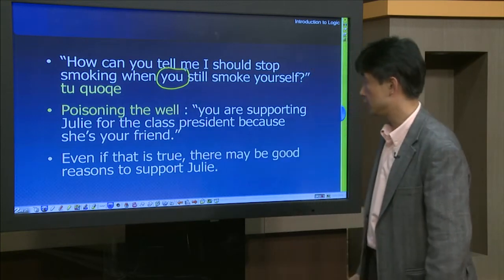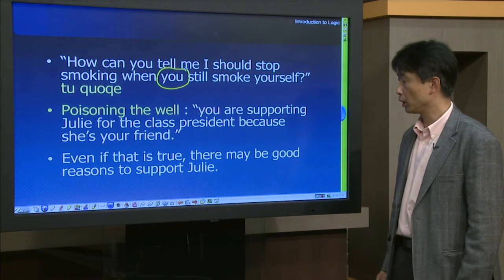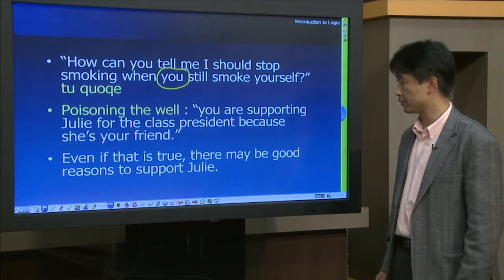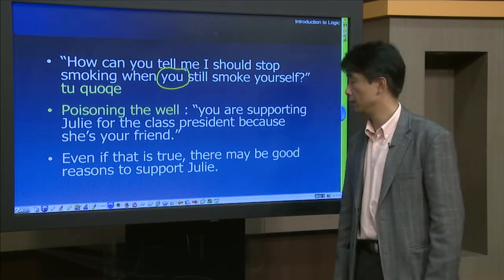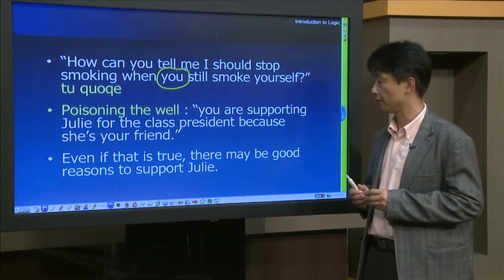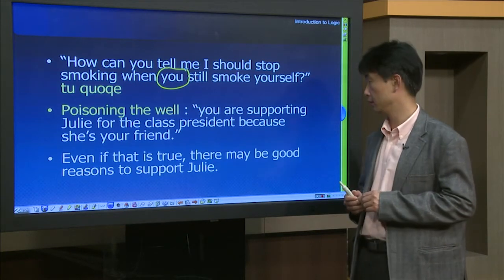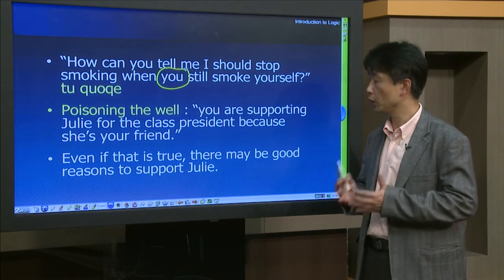Poisoning the well. This is an interesting name. You are supporting Julie for class president because she's your friend. This makes it very difficult for you to defend Julie. Yes, Julie is your friend.